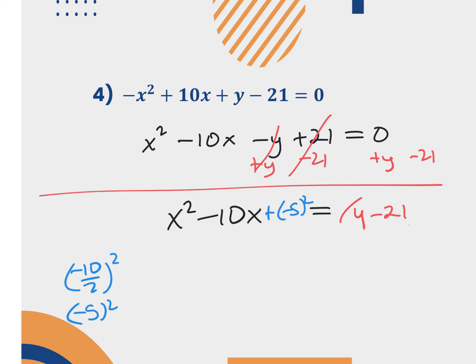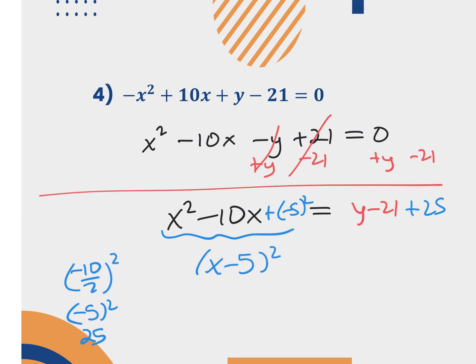I had the y minus 21, and now I'm going to add the 25 that I got when I took the b term, divided it by 2, and squared it. Now I can factor this side. It factors into x minus 5 squared. And then here I add this: -21 plus 25 gives me +4. And there's your standard form.